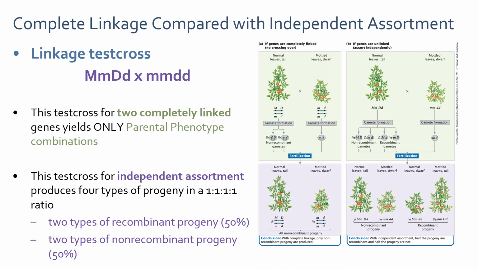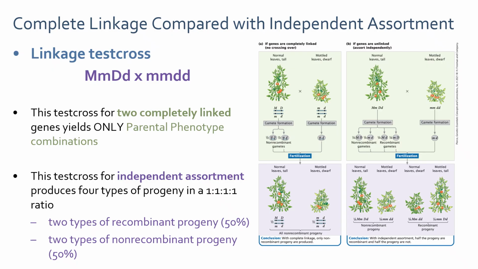So our goal here is to use information about our linked genes to figure out how far apart they are. Now, initially, this was the one and only way that chromosomes could be mapped. Once people realized that genes that were farther apart exhibit more recombination and genes that are closer together exhibit less recombination, they learned that there was a correlation.